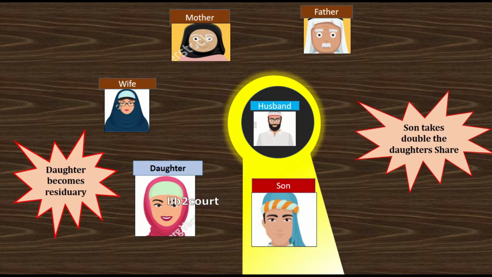If there is no son, she will take half or 2 by 3 according to the daughters available. But in case of a son, the daughter becomes the residuary, with one more condition, that the son will take double the share of the daughter. For example, if the daughter is getting 5 lakhs, then the son will get 10 lakhs.